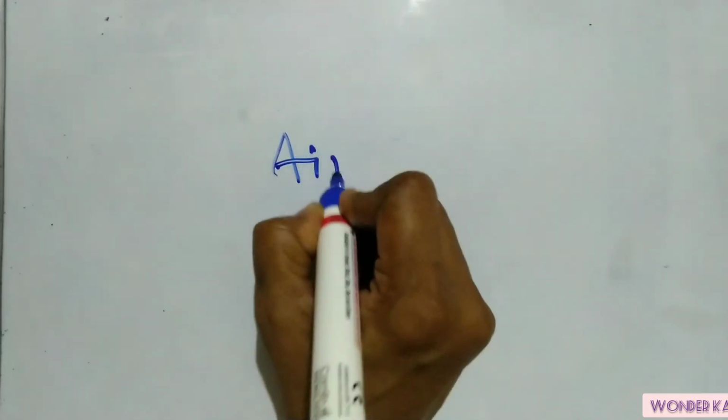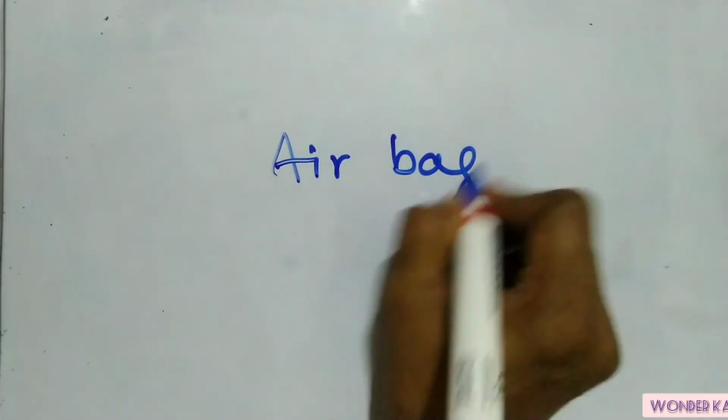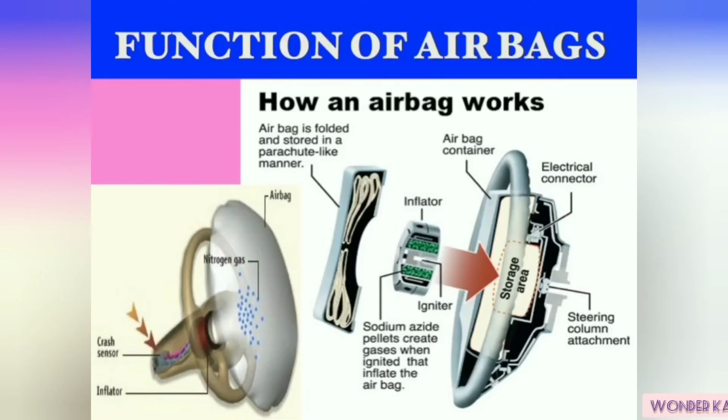Just watch how the airbag works inside the automobile. This shows the function of the airbag. You can see the folded airbag is kept in its storage space near the steering wheel. Below this airbag, one inflator is present which contains both the igniter as well as the sodium azide pellets. Just below it, an electrical connector along with a sensor is present.